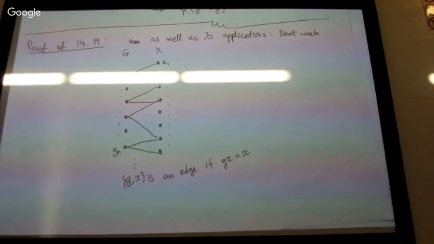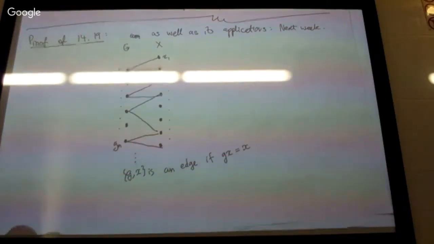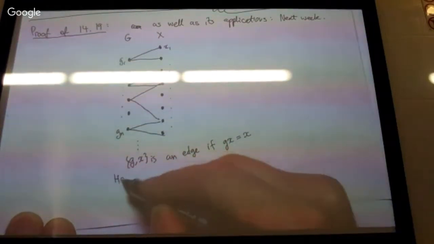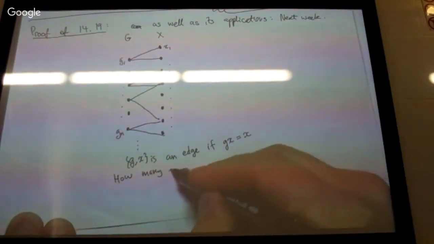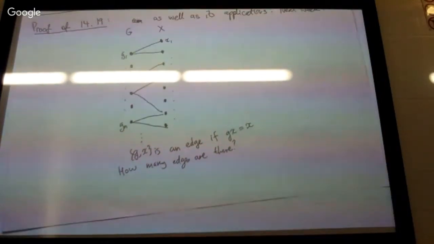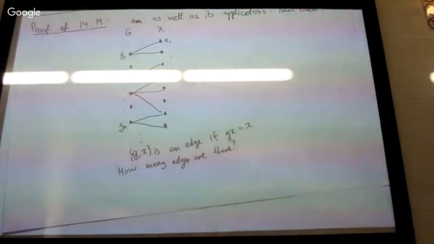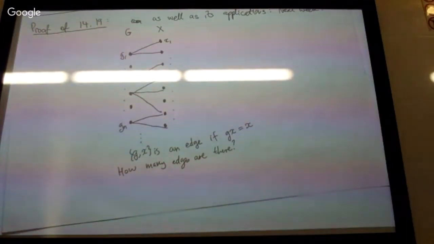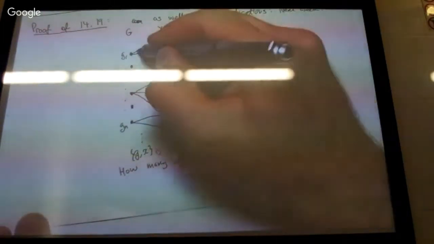Okay. So now, how many edges are there? How many edges are there coming out of G1?